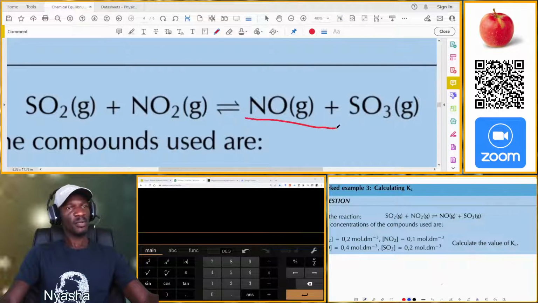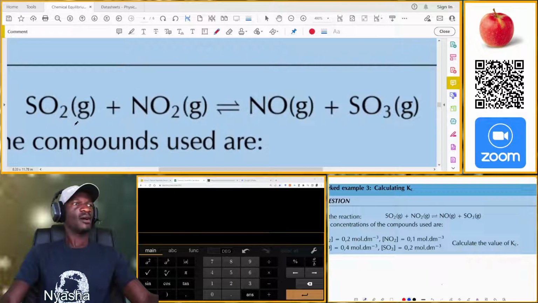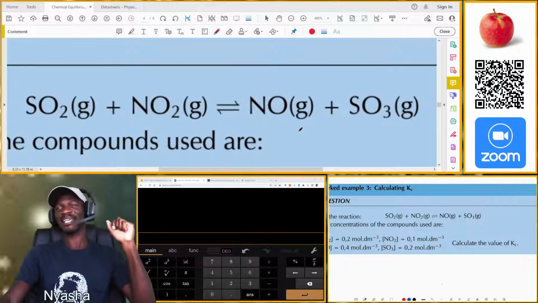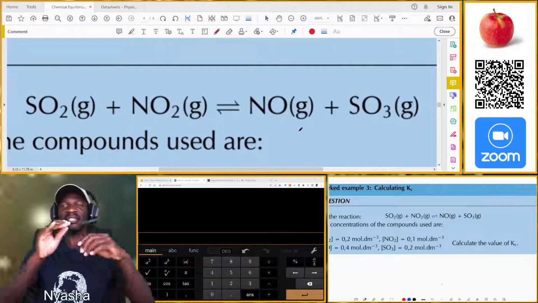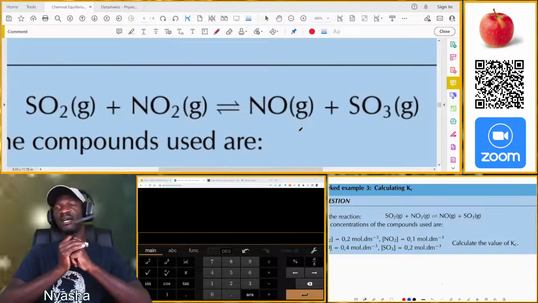Our products are on the right-hand side for the forward reaction. All our species are in an eligible phase of matter, which means we can use these species for the equilibrium constant calculation.